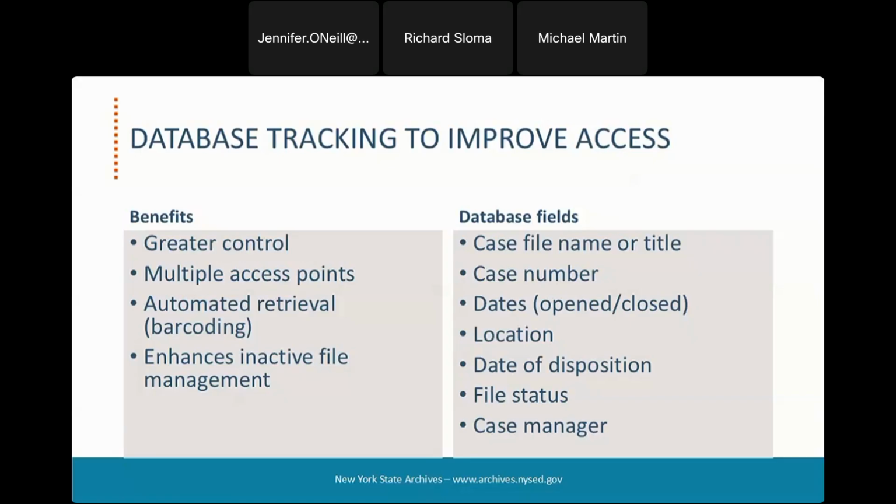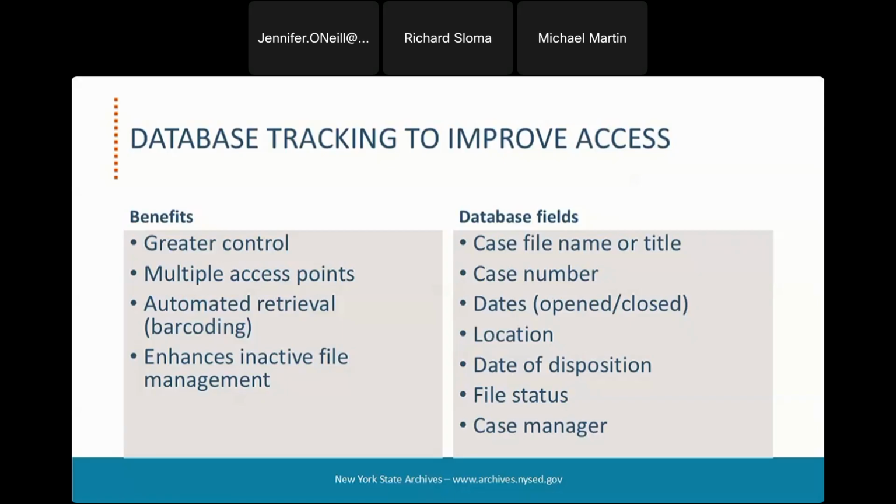A tracking system can be set up in-house or off the shelf, and it will give you greater control of your files. It'll also enable you to track more information about your files, document and make decisions about the files. For example, designate a file inactive and assign a disposition date for the entire file or specific records within the file itself. It can provide multiple access and retrieval points, and it may allow for automated retrieval.